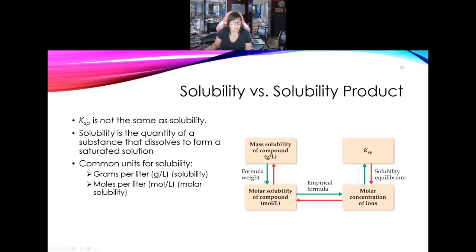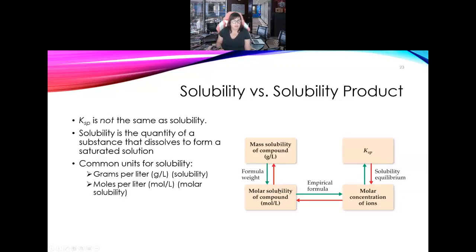And from there, using the formula weight, I can determine the mass solubility in grams per liter. So when we talk about solubility, we talk in moles per liter or in grams per liter. That is typically the way this happens. Solubility is the quantity of a substance that dissolves to form a saturated solution.